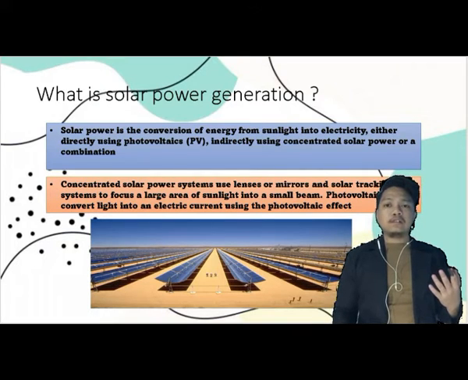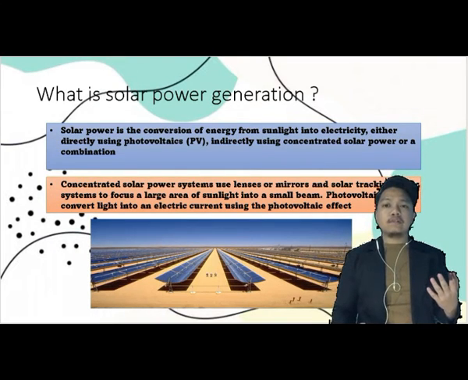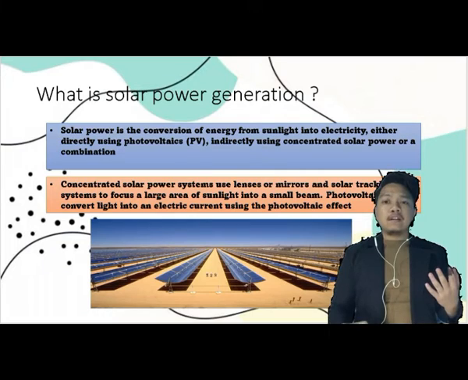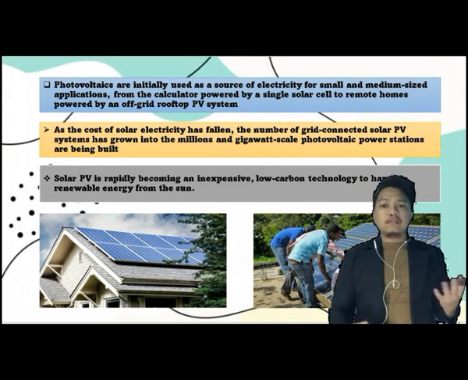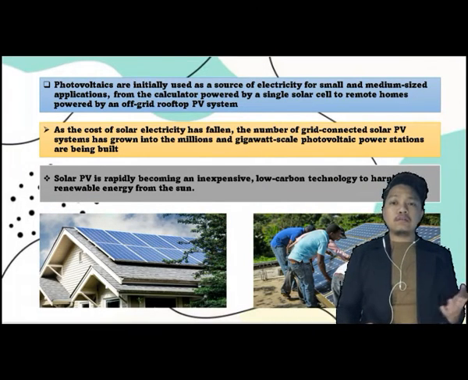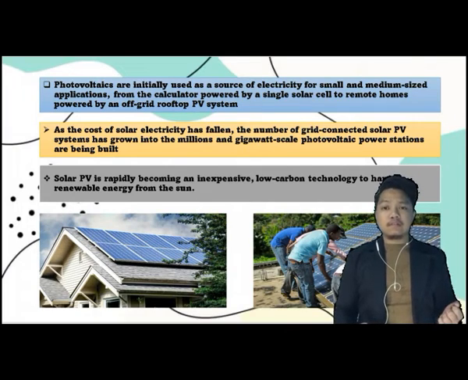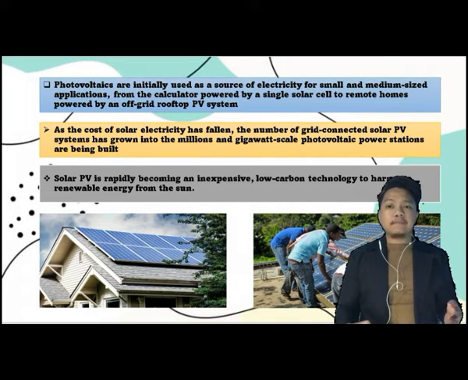Photovoltaic cells convert light into an electric current using the photovoltaic effect. Photovoltaics were initially used as a source of electricity for small and medium-sized applications, from the calculator powered by a single solar cell to remote homes powered by an off-grid rooftop PV system.